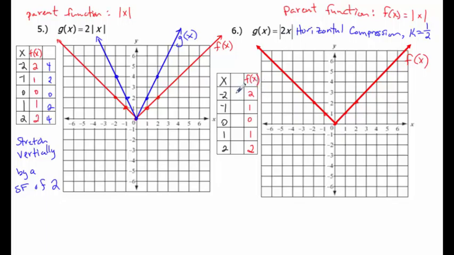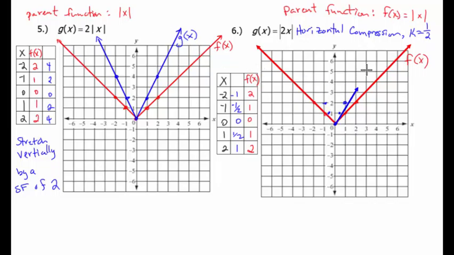Let's multiply each of the x values by 1/2. So we have negative 1, negative 1/2, 0, 1/2, and 1. And now let's plot these points. This is negative 1 comma 2. We have negative 1/2 comma 1, 0, 0, 1/2 comma 1, and 1 comma 2.